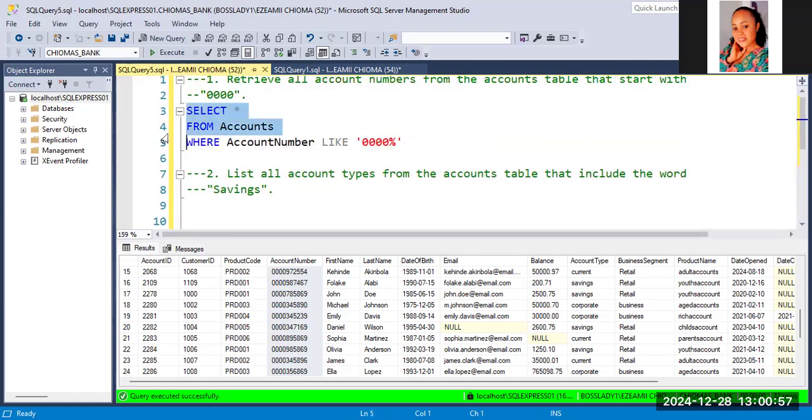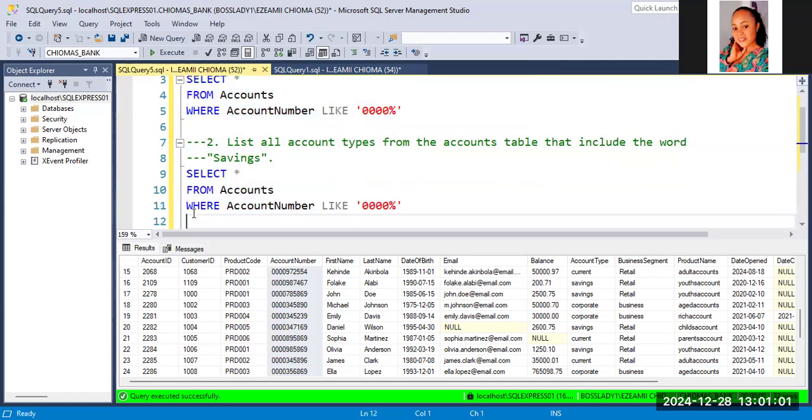So what matters is that whatever information we are getting, there must be savings, all right? So we look at the account type column. Because we are not told whether it's in the front or the middle, we just use the percentage sign both in front and at the back.